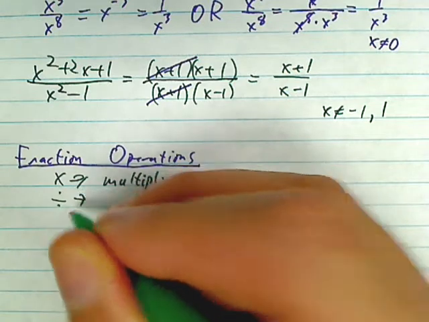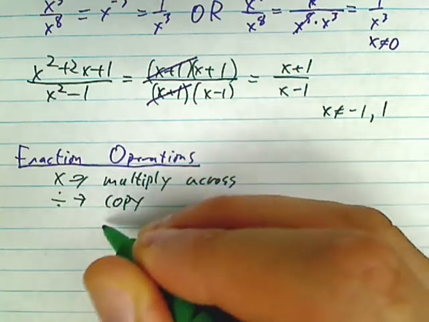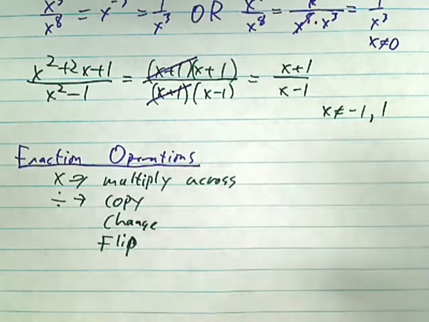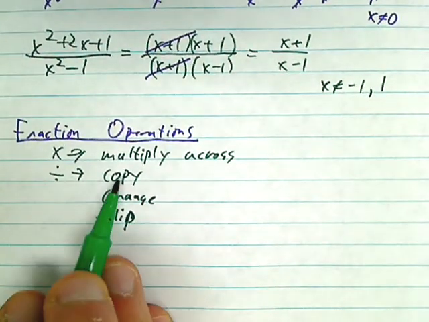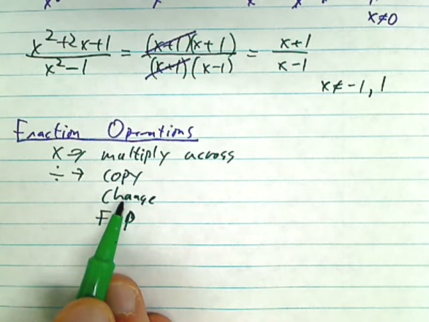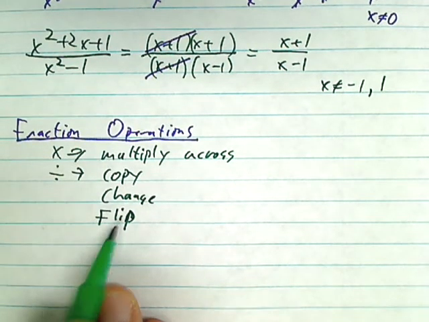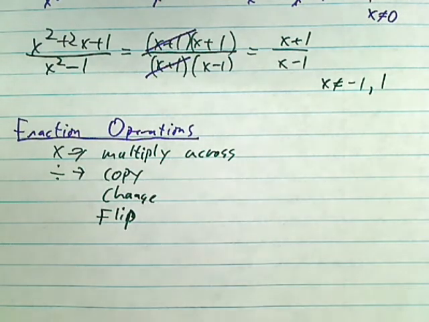When you divide, you copy, change, flip. Copy the first fraction, change division to multiplication, take the reciprocal of the second fraction. And that's it for your notes for section 8.4.